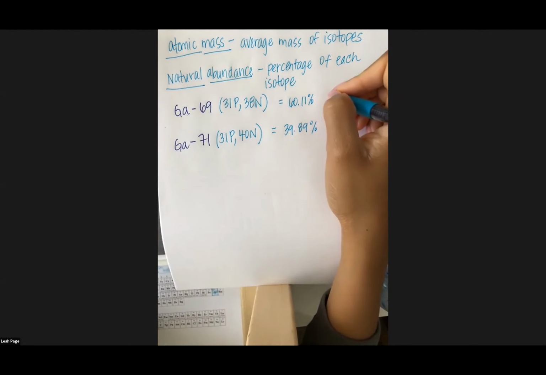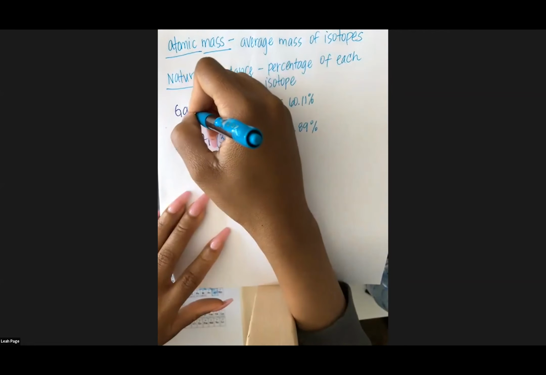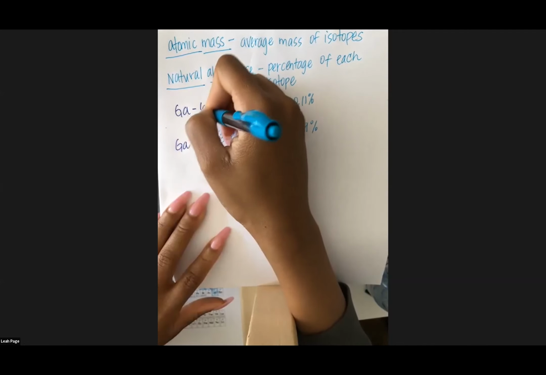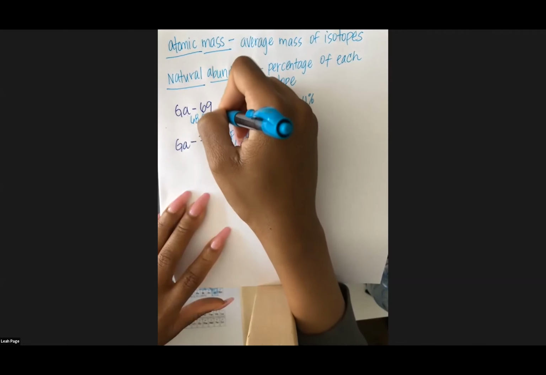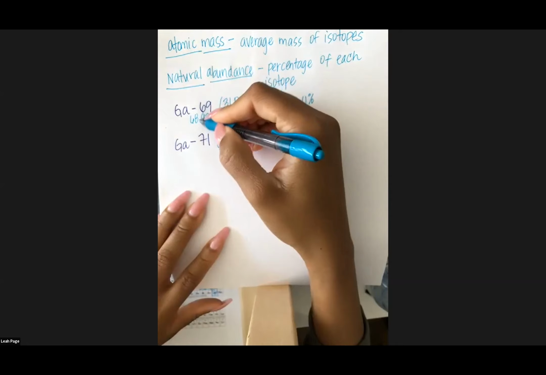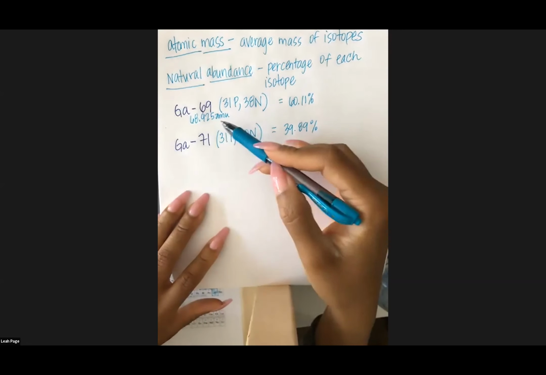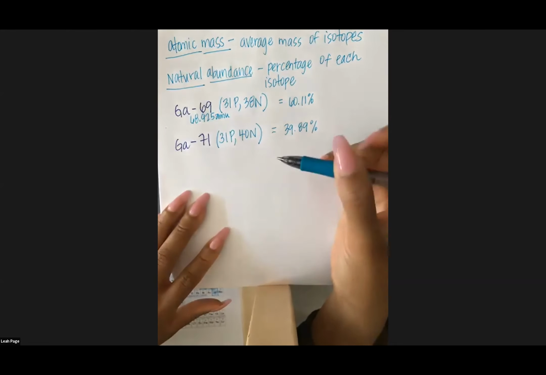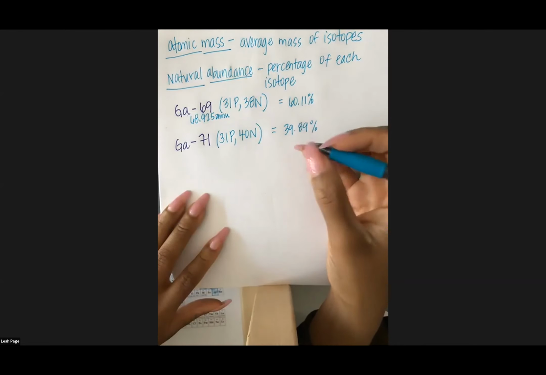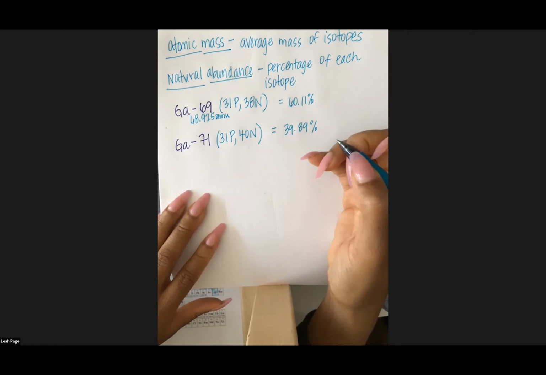Gallium 69 is called gallium 69 because its mass is actually 68.925 AMU. Remember, AMU stands for atomic mass units. When you round it up to 69, we call it gallium 69. Where are you getting the mass from?